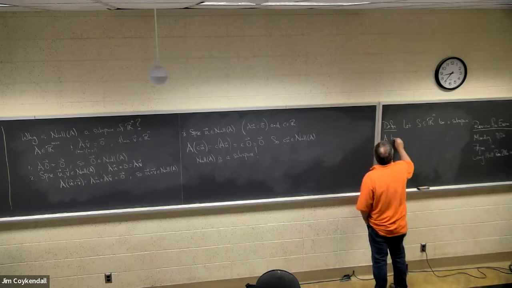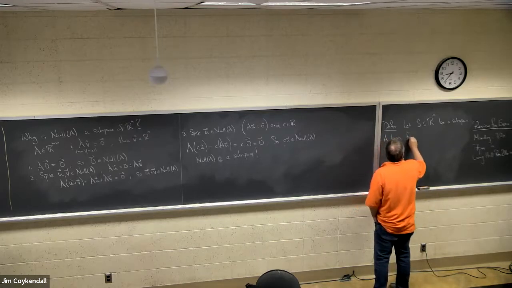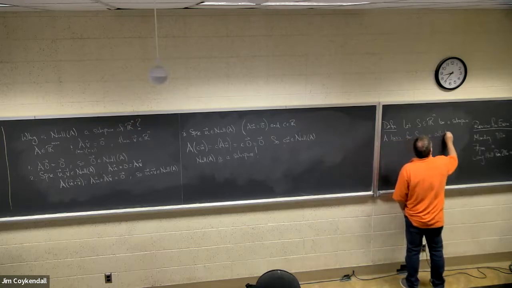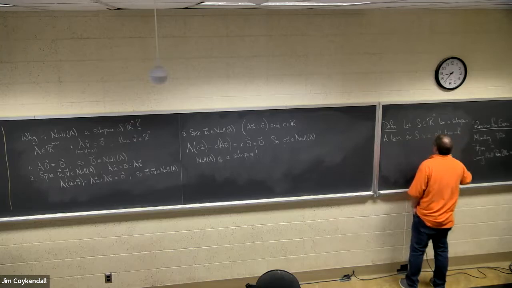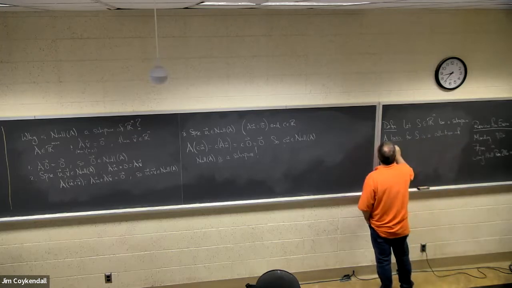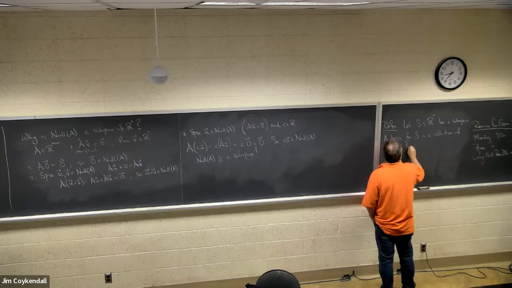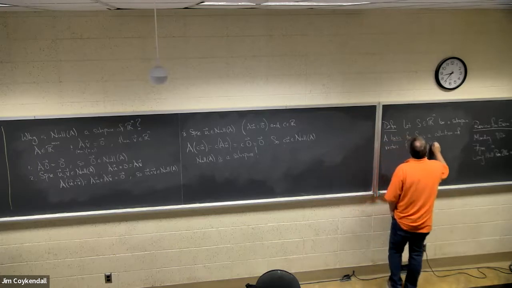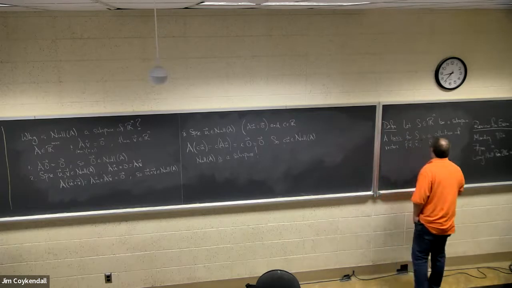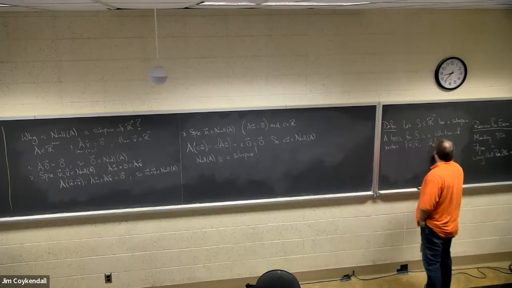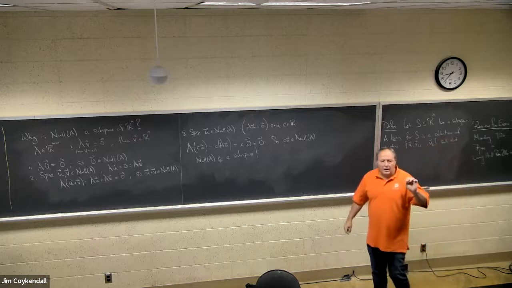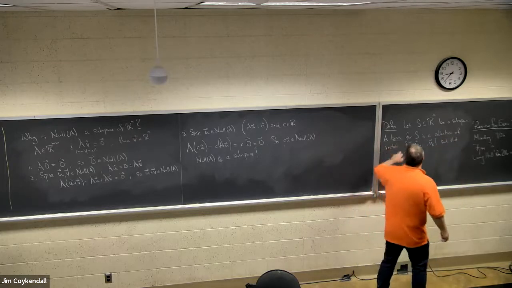A basis for S is a collection of vectors V1, V2, through Vk, such that, to be what I call a basis, this is a very special kind of set.